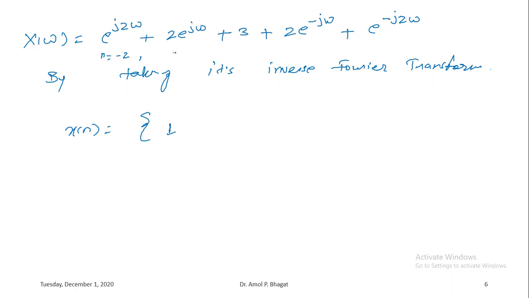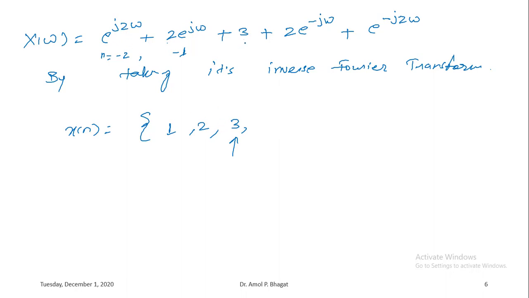At n is equal to 0, the coefficient is 3, right? Because if you are taking the Fourier transform of this x of n, it will be 1 into e to the power minus j omega n, but the value of n is minus 2 here, so minus minus plus will be there, right? So therefore we are simply writing the coefficients here, right?